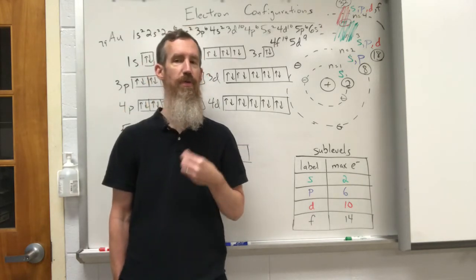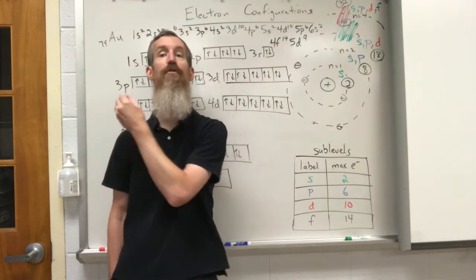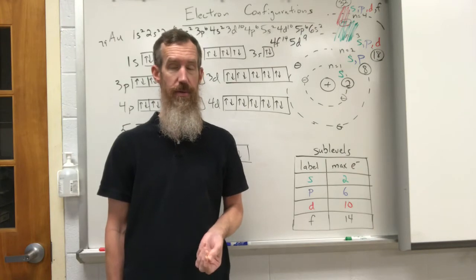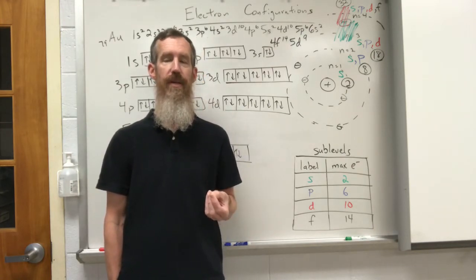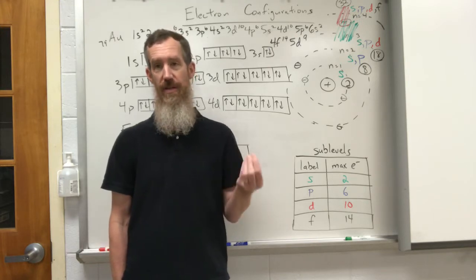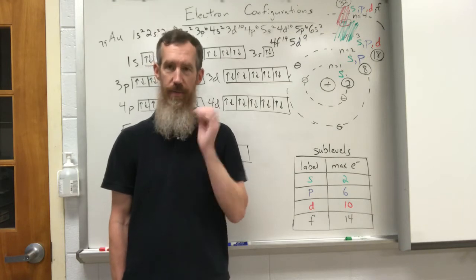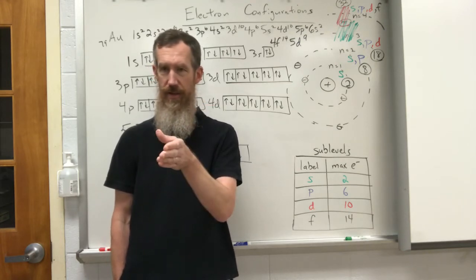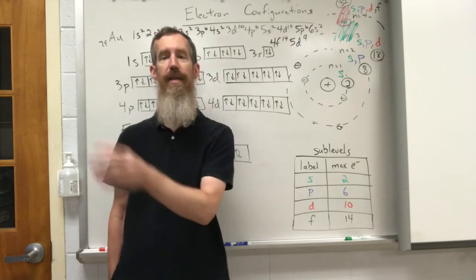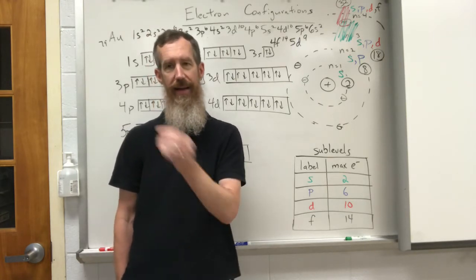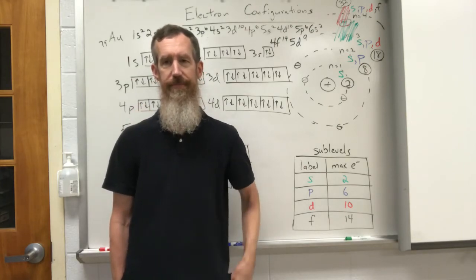We have to find the noble gas that is the atomic number before gold, and we can utilize that as a special marker, and then continue our electron configuration from that point forward. So I'm going to show you a screen recording of finding noble gases before the element given, and then we're going to come back and look at this problem. All right, be right there.